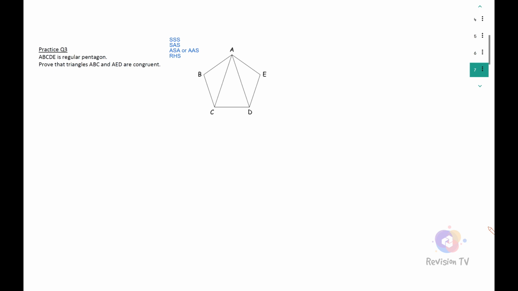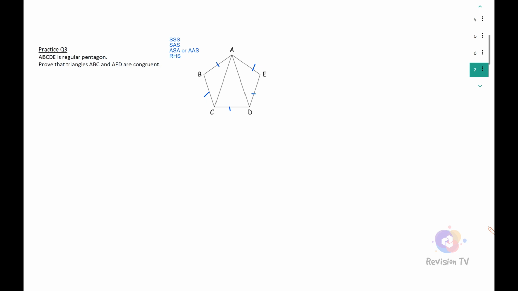ABCDE is a regular pentagon. Regular shape means all the lengths are equal, so we know these lengths are all equal, and also all the interior angles are the same in size. Prove that triangles ABC and AED are congruent.